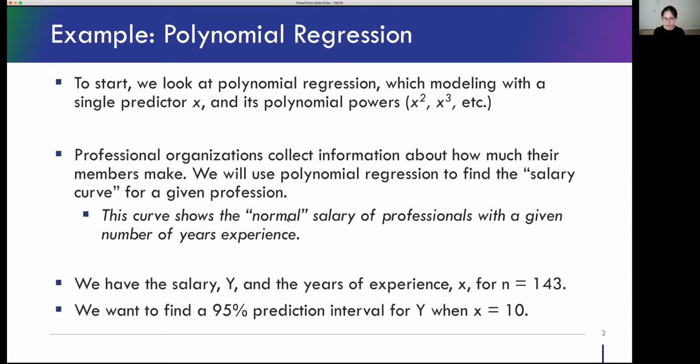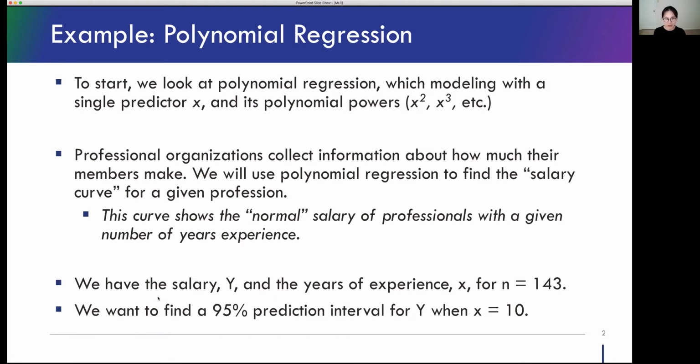Okay, let's get to the example. I think we talked about this salary data set before, where we collect information about how much the members make. We will use polynomial regression to find the salary curve for a given profession. This curve shows the normal salary of professionals with a given number of years of experience.